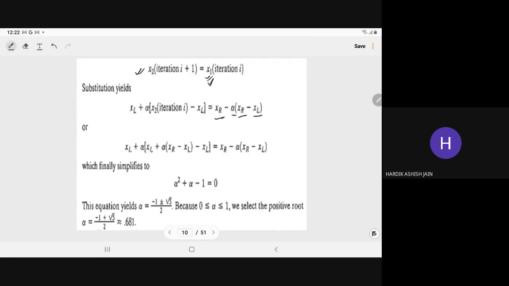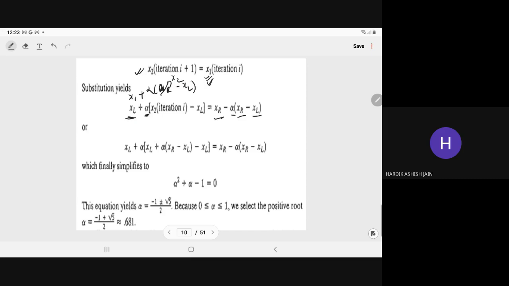And what is the formula of the x2? X2 for the ith iteration is xl plus alpha (xr minus xl), right? And this xr in the ith one is nothing but the x2.